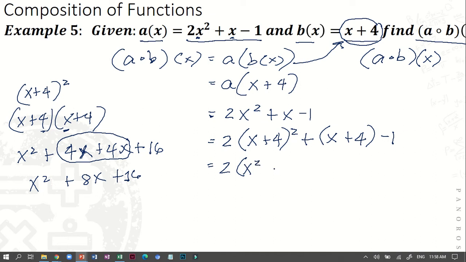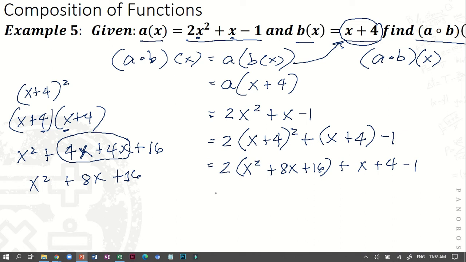So x squared plus 8x plus 16. And then plus x plus 4 minus 1. Pwede ko nang ilabas sa parenthesis yan. Hindi naman makaka-affect din sa PEMDAS natin.